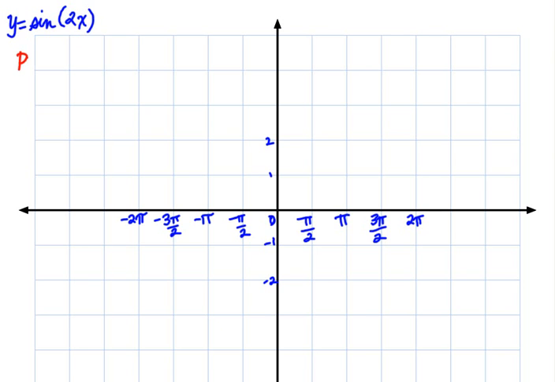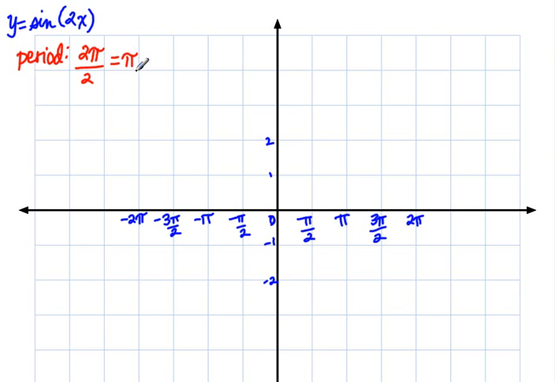So the period is 2 pi, which is the original period of sine, divided by this coefficient of x, which is 2. And that hopefully makes sense. If we're going to complete 2 cycles in 2 pi units, that means we're going to complete 1 cycle in half the time, which is pi units.